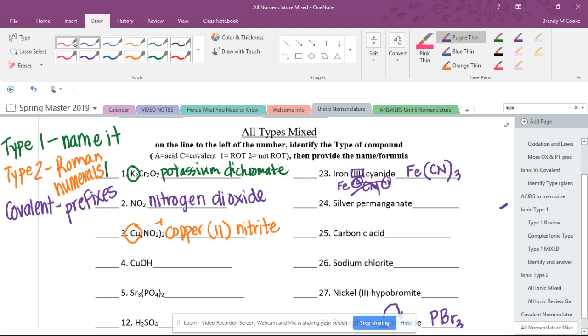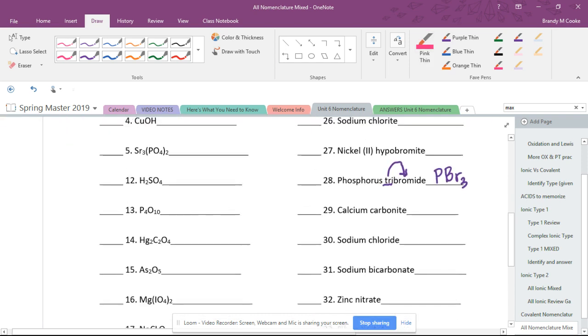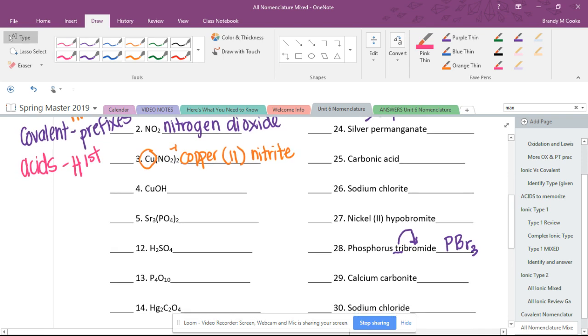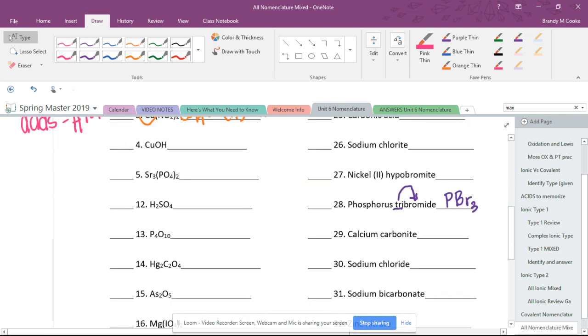Finally, the last type that we have are acids. And we know it's an acid if we see hydrogen first in the formula. And here at number 12, I don't know how it went from 5 to 12, so that's peculiar. Here I see a hydrogen first, and so I use my memory because I am a good student and I studied my 6 acids, 6 little simple acids.